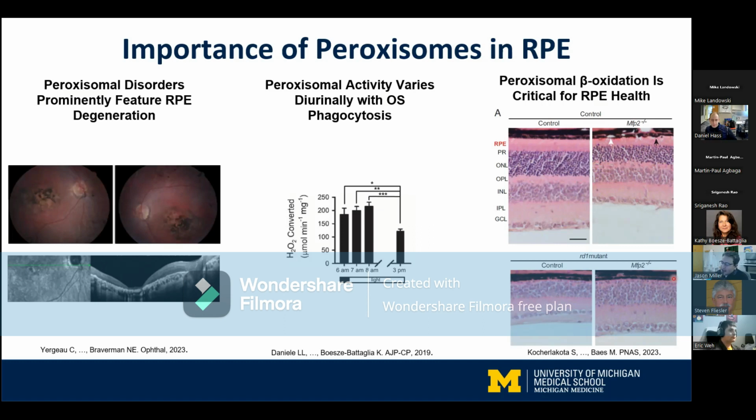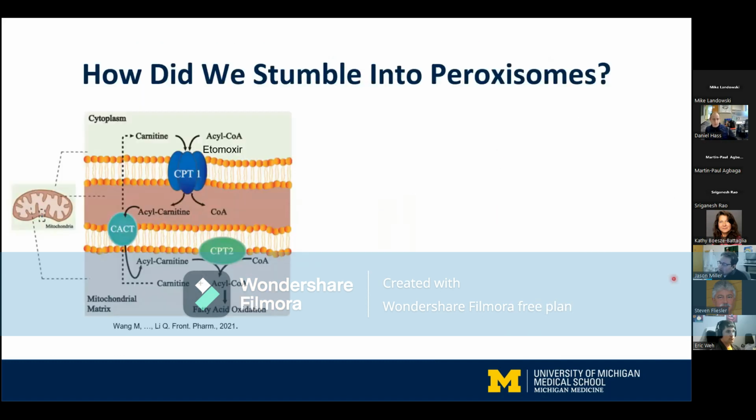All of this to say that clearly peroxisomes are important, and we stumbled onto the potential of the peroxisome to be a shunt when the mitochondria are inhibited, because we started doing these experiments in which we inhibited mitochondrial beta oxidation by using the drug etomoxir, which, as people know, helps to prevent the carnitine conjugation to the fatty acid, which allows entry into the mitochondria.